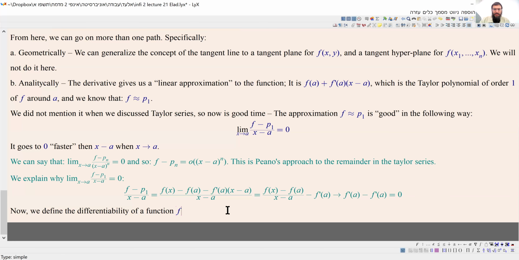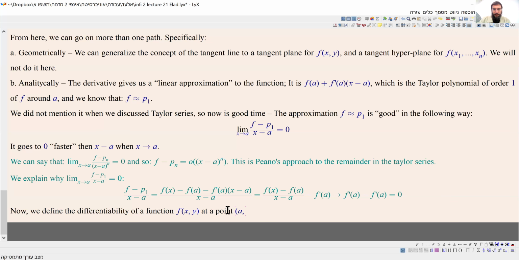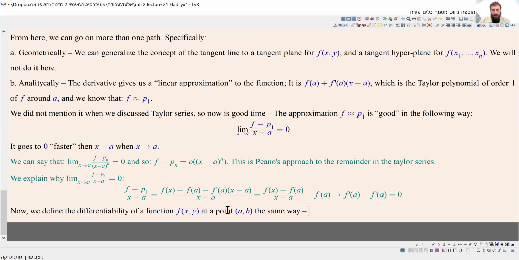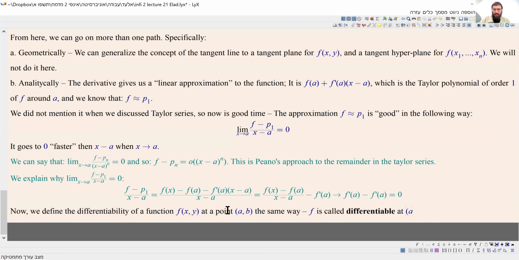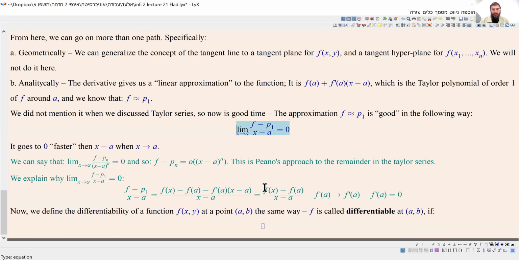Let's begin with two variables, and then we can discuss more than one variable. f(x,y) at the point (a,b), the same way. f is called, in bold because it's finally the definition itself, differentiable at the point (a,b) if the limit is 0.